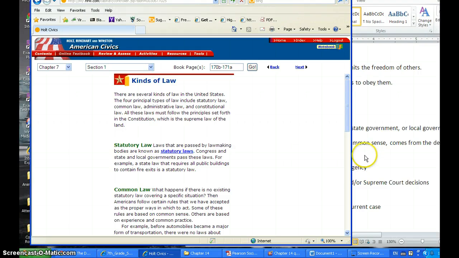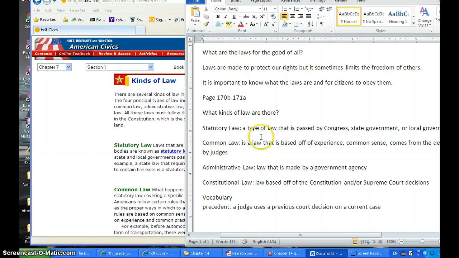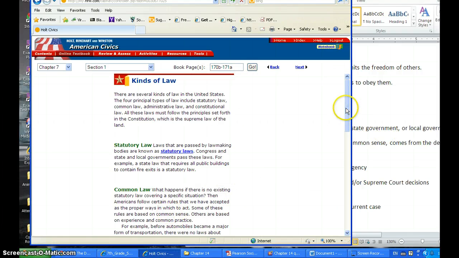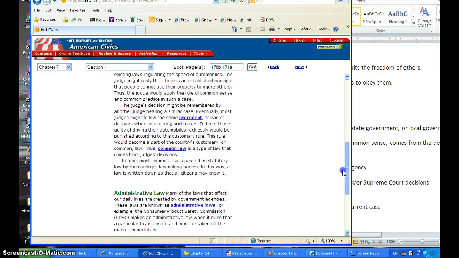So looking at the first type of law, statutory law, I write it down and then write a description in my own words. So statutory law is a type of law that is passed by Congress, state, or local government. Once I have that written down, I go to the next one. As you can see, I go through all of them.